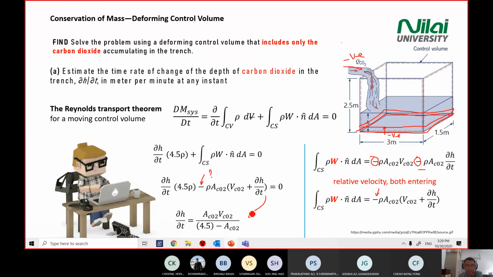Here to here is just a mathematical arrangement. Again, the rho we take out already. The rho here is the same, so when we factor out, we can take out the rho in this equation.